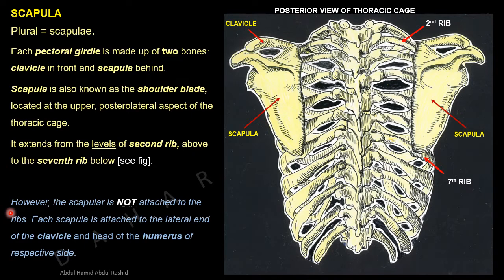However, the scapula is not attached to the ribs. Each scapula is attached to the lateral end of the clavicle and head of the humerus of the respective side.